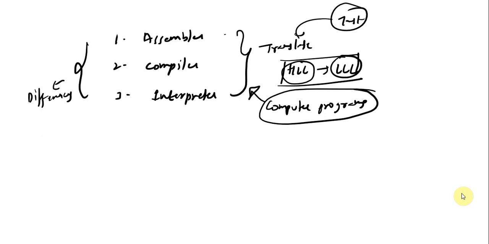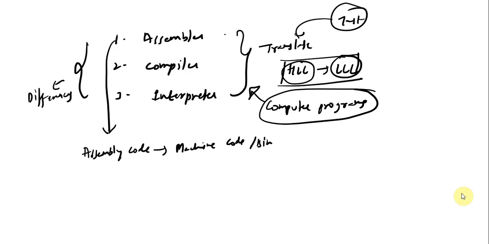Now let's first talk about the assembler. The assembler handles translating your assembly code, which is the mnemonic code, into the machine code or the binary code. The compiler translates your high level language code written in Java or C++.